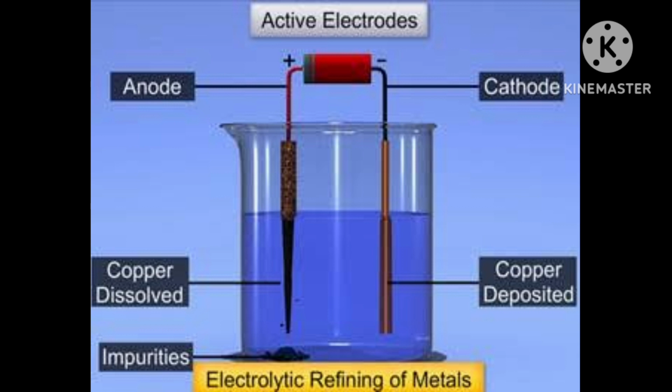Suppose one cell has sodium chloride as electrolyte, another potassium chloride, third magnesium chloride, fourth aluminum chloride. Then for Na plus, only 1 electron is required. For magnesium, 2 electrons. For aluminum, Al 3 plus, 3 electrons are required.